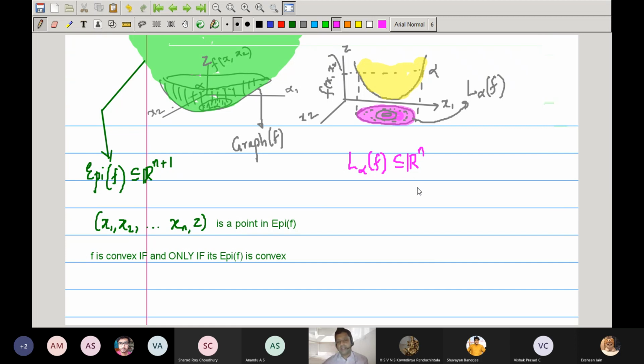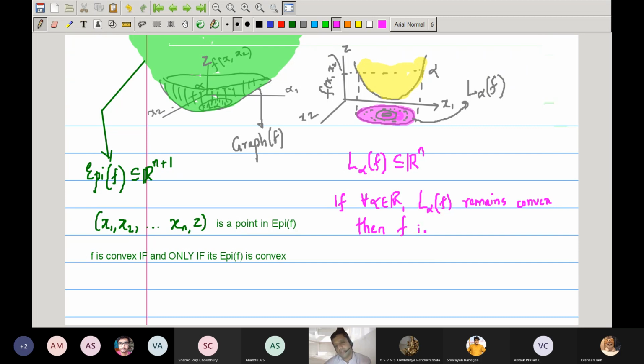And we are saying that if for all alpha in R, L alpha f remains convex, then f is quasi-convex, of which a special case is convex functions.